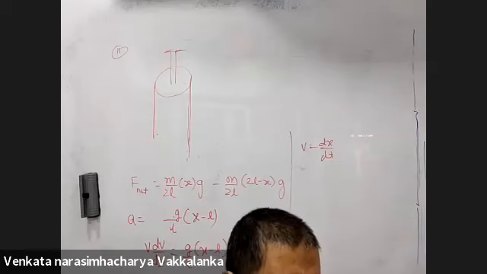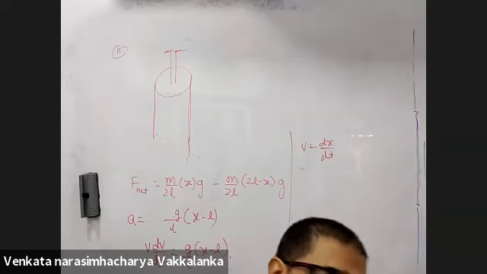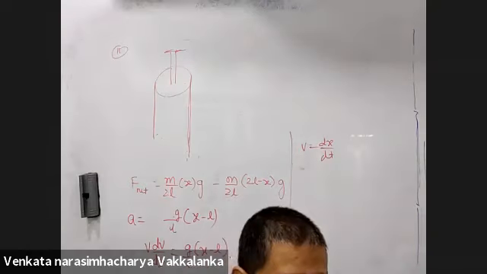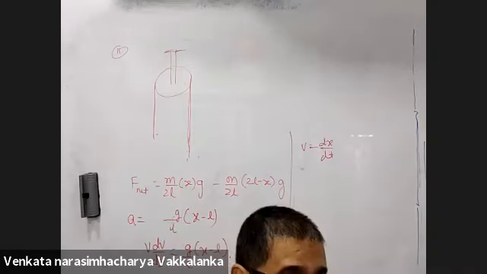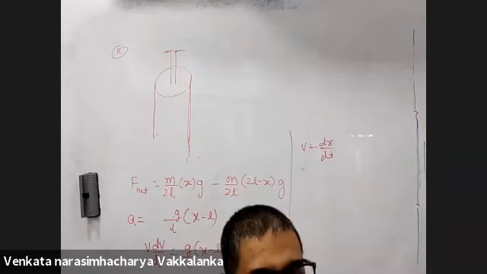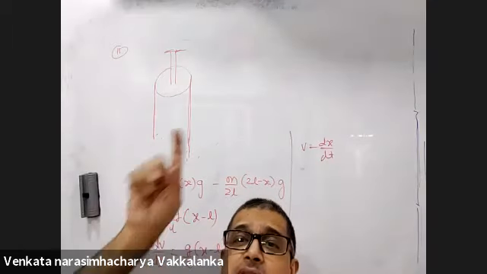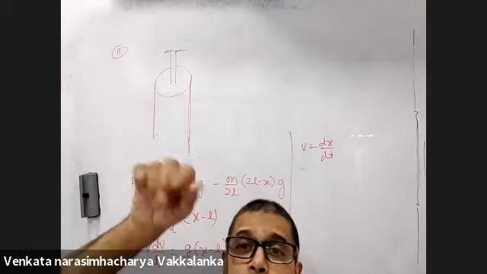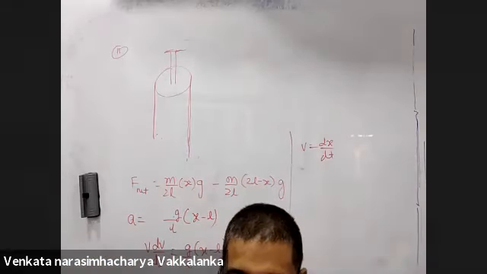The change in magnitude of monkey's acceleration is. If I give a hint, it will become the solution itself. Okay, sir. Monkey stops moving with respect to the string means velocity of the monkey with respect to the string is 0. But with respect to ground, it need not be 0. Okay, sir.